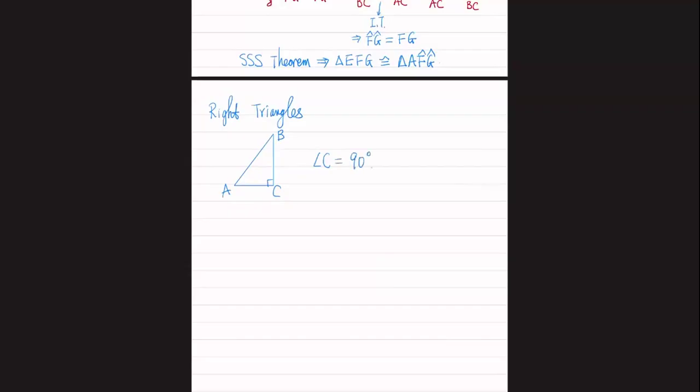So we call this the right triangle. And a property about the right triangle is the Pythagorean theorem. We call this side smaller c, A, B.